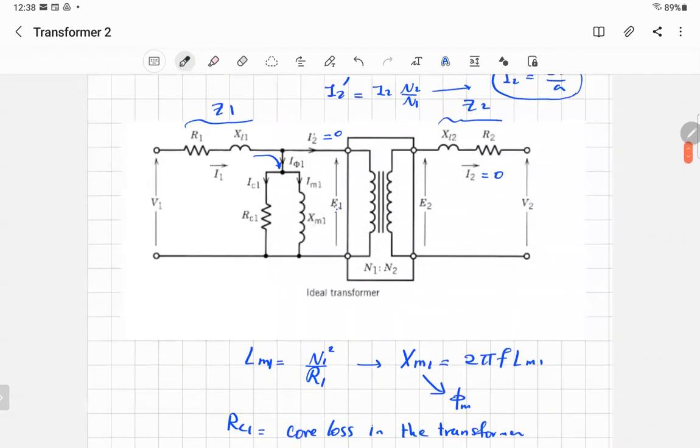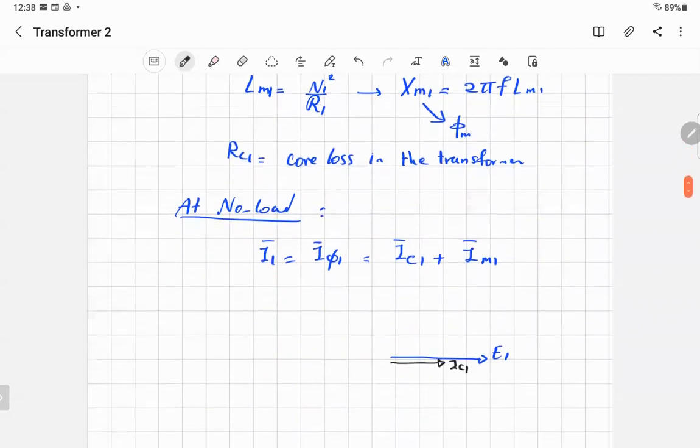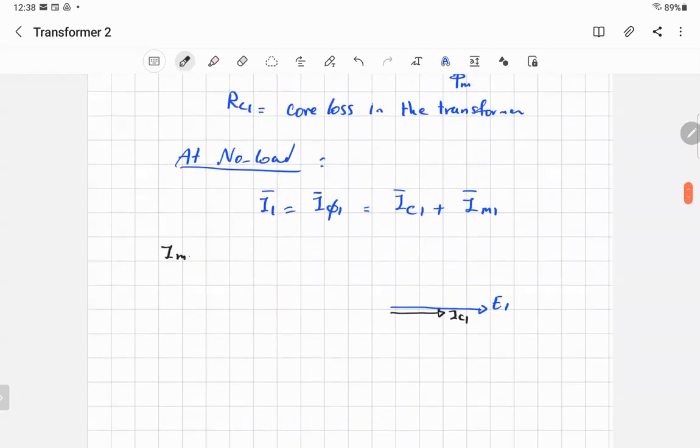And when you look at the other one, XM1, the impedance will be jXM1. You divide to get IM1: IM1 is equal to E1 divided by jXM1. If you assume that E1 is at angle 0, as we did here, j is 90, so going to the denominator it will be minus 90.